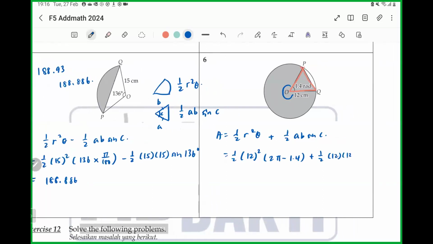So 12 sine of 1.4, you have to change to degrees, times 180 over pi. Sure, like this. Final answer should be 422.6 or 422.54 cm square.